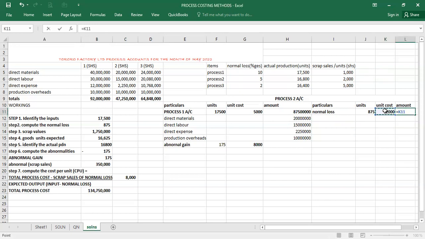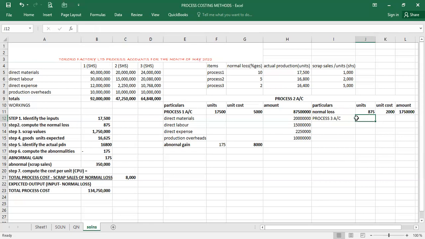It will be this multiplied by this, which gave us that, and we get this, which is now going to be our process. We are not calling it output because we have not yet reached the final process. This is process 3, because what comes from process 2 goes to process 3 as an input.